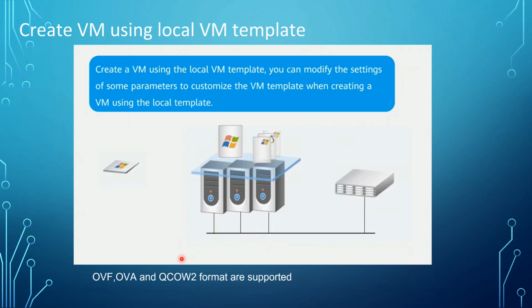Create a VM using an image. For example, if you have a QCOW2 format, these three formats are supported. So you can import a VM from your PC directly to the FusionCompute environment. It's very easy. So what is the procedure?